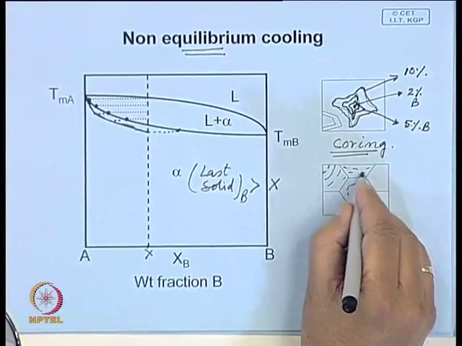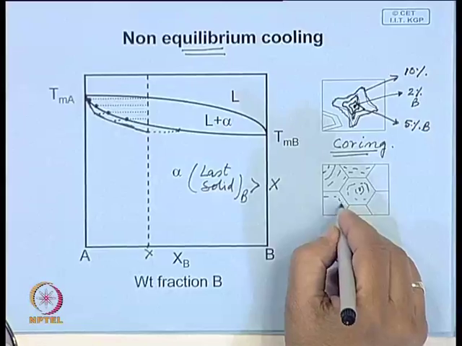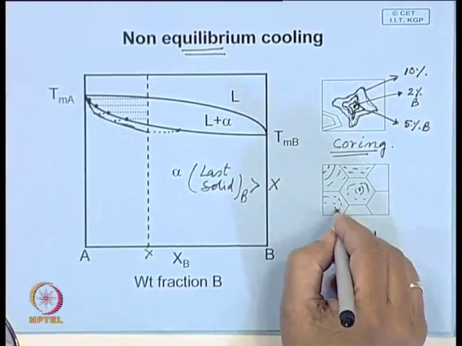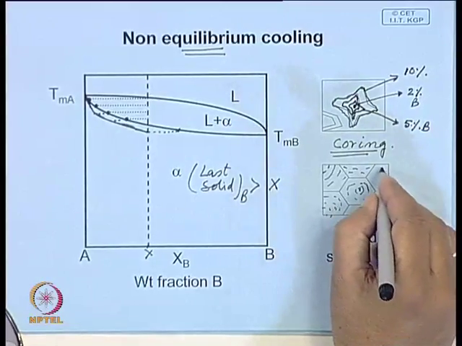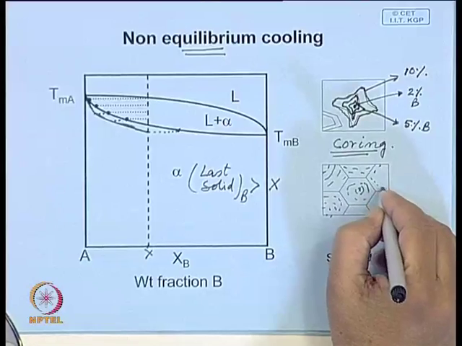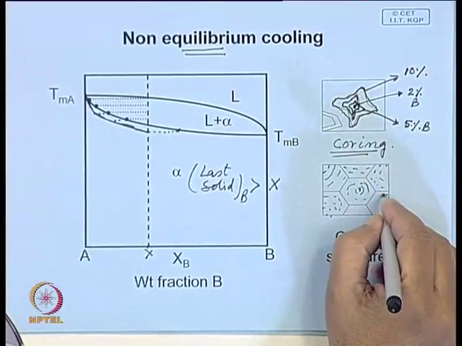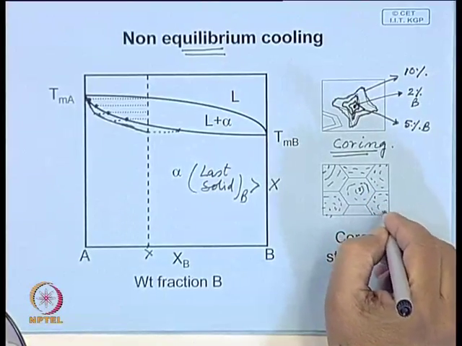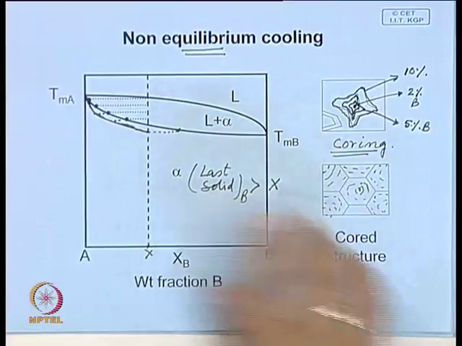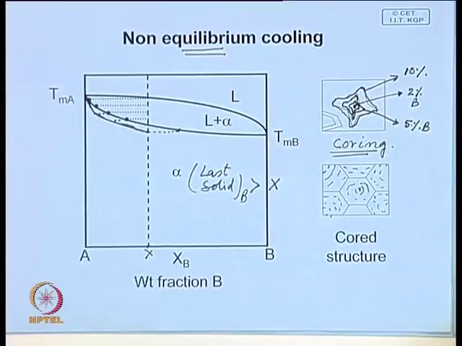If you look at the microstructure, different compositions will react a little differently, so you will get a gradation of contours, which represents non-uniform composition.